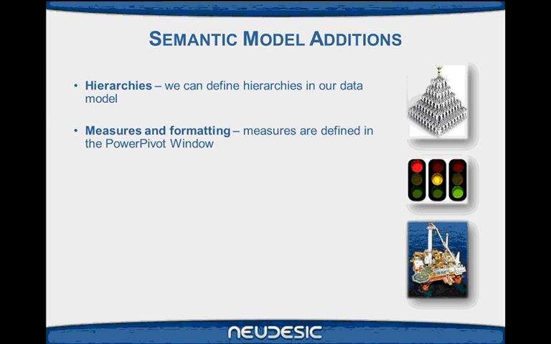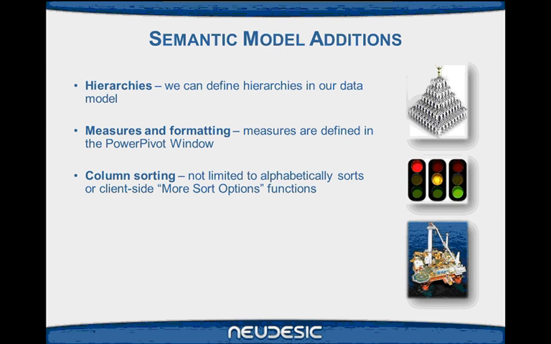You also have column sorting. So you're not limited to the alphabetical sorts or client-side sort options. For those of you that have dug into the Power Pivot models previously, what you'll notice is that in this new version, you could actually select a second column to do the sort on.